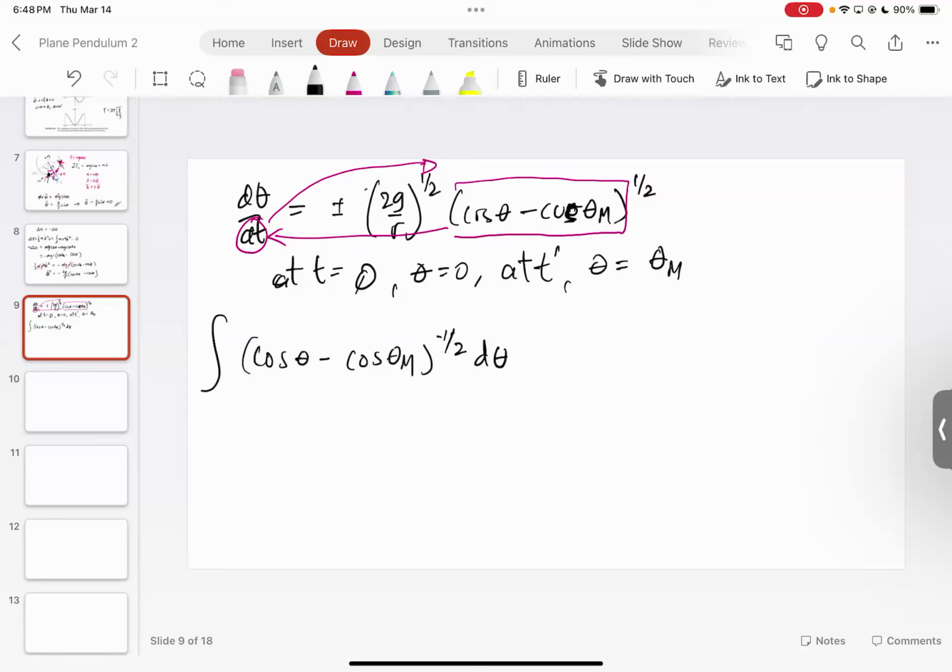At t equals 0, theta is equal to 0, and at any time t prime, theta is equal to theta sub m. So this equals plus or minus 2g over r raised to the 1/2, integral of dt prime from t equals 0 to t at any time.